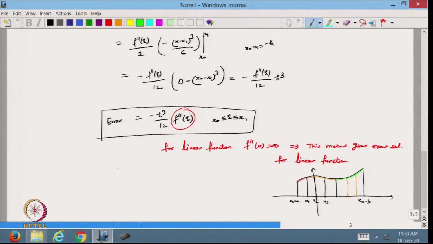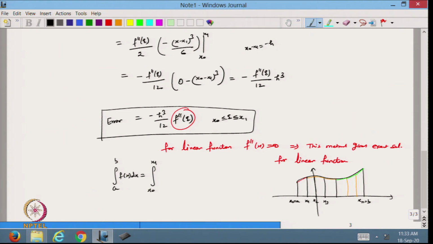So, based on this, for my integration from a to b of f x dx, I can split the whole integral in this form: from x0 to x1, which is the area of this one.